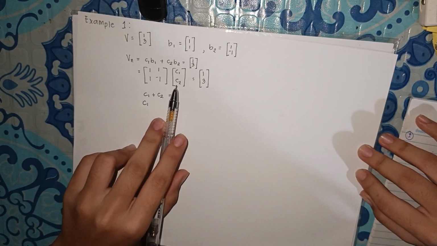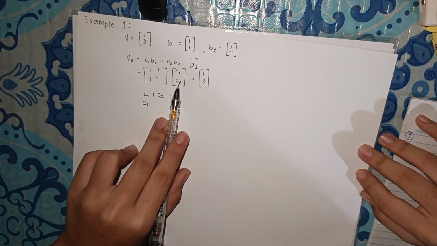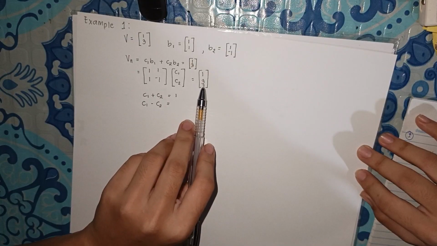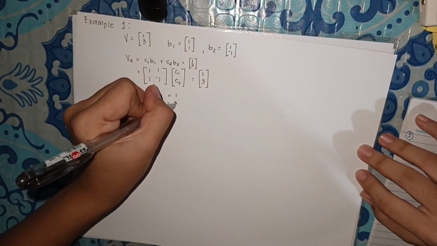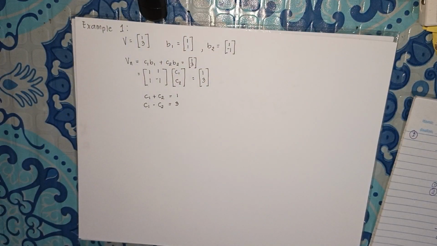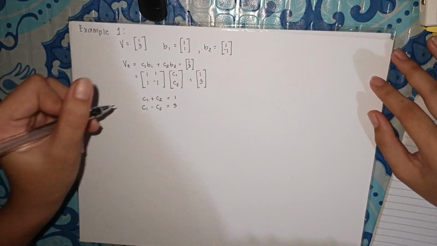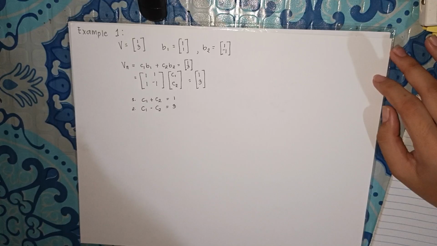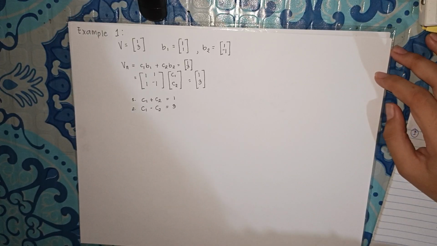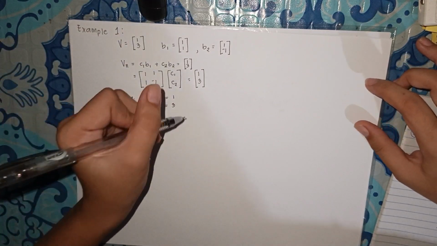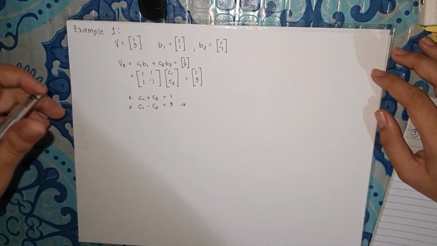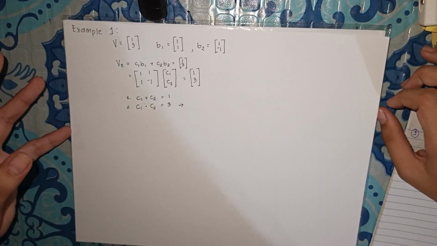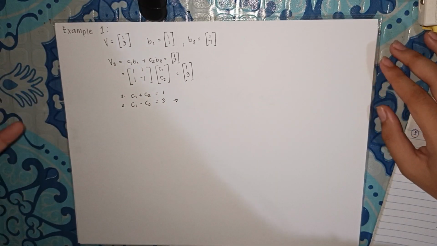Then, negative 1 times scalar 2 is negative scalar 2, is equal to the lower element of the vector, which is 3. Now, we need to isolate. We will just choose one of these two equations and isolate it to get the value of the scalars. So, I chose the second equation, but you can also use the first equation, depending on which you want to isolate.